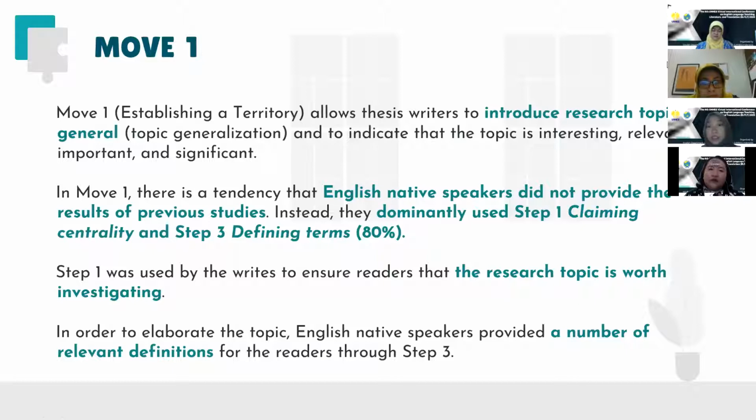Instead, they dominantly used step one, which is claiming centrality, and step three, defining terms. Step one was used by the writers to ensure readers that the research topic is worth investigating. In order to elaborate the topic, English native speakers provided a number of relevant definitions for the readers through step three.